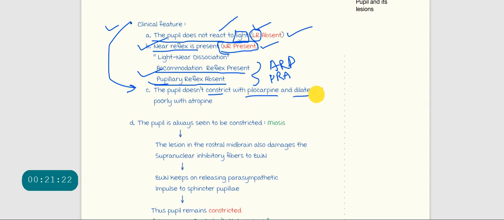The fourth thing is that the pupil is always seen constricted, which is miosis.